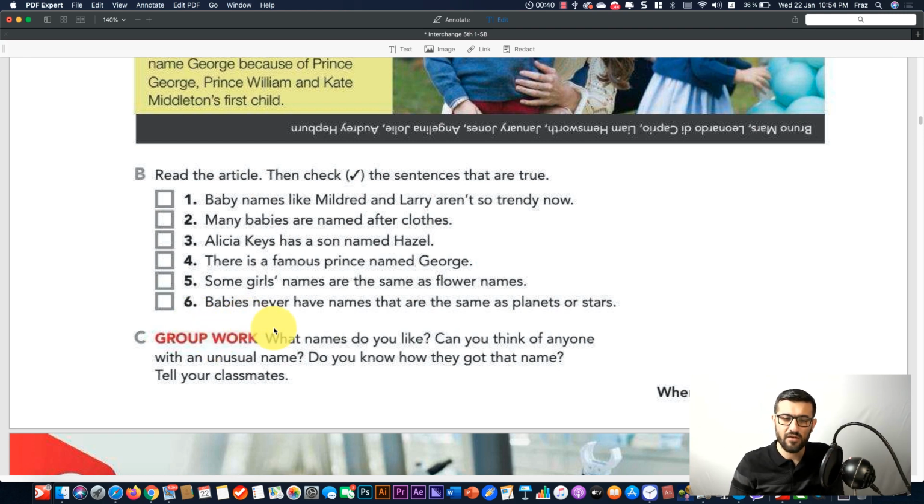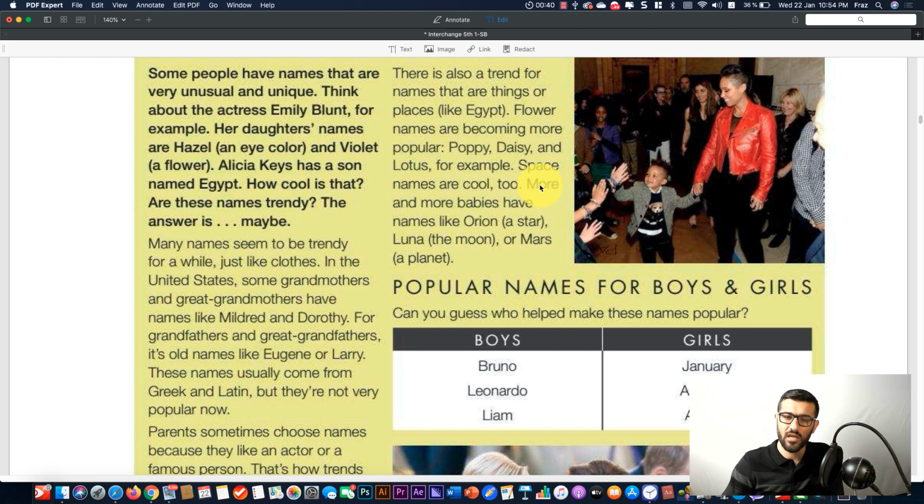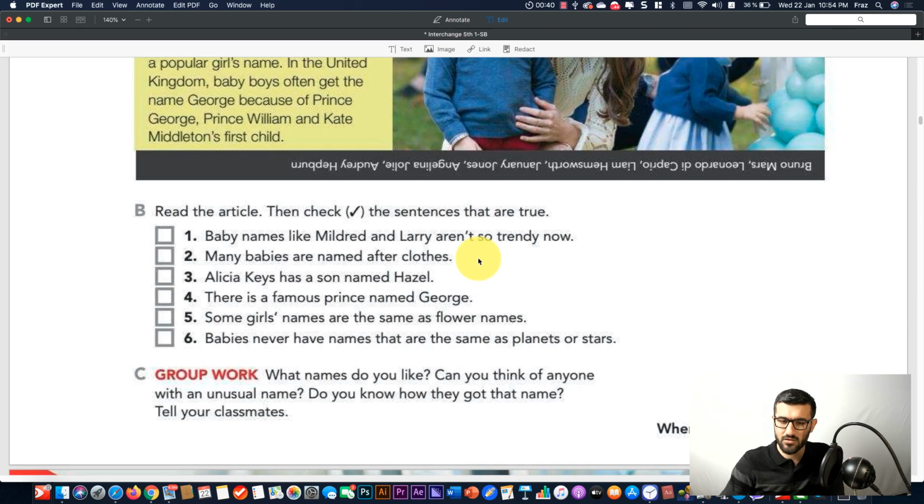Babies never have names that are the same as planets or stars. Is that true? No, we also said even space names are cool too. For example, we have Orion, maybe Luna, Mars, all these names are popular. That means this is not true. So you don't have to tick it, just leave it like this. Okay, so this is all about the reading.